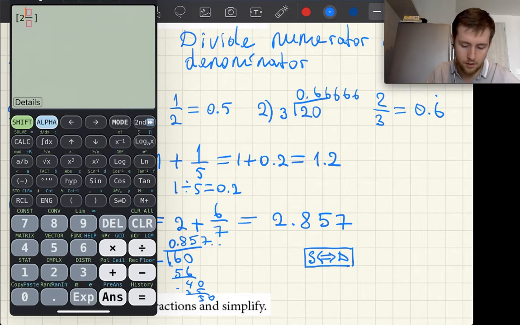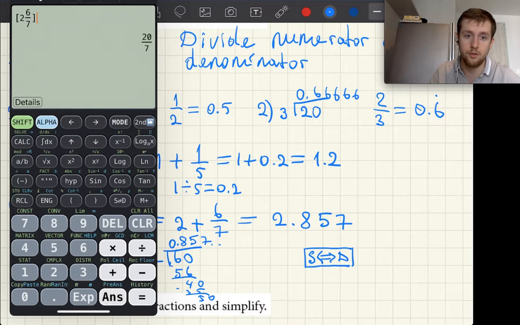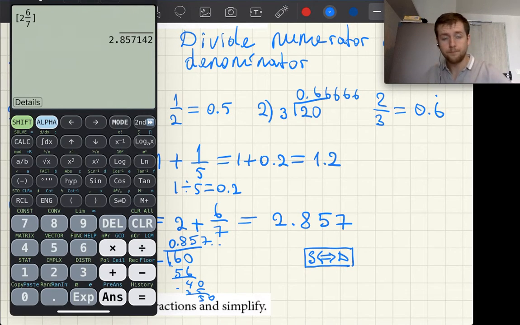Convert to decimal, 2.857, and more digits, right? This button is here, S to D. So it can be 20 over 7, or it can be 2.857142 repeating. That's it. So we can just use the calculator for this.